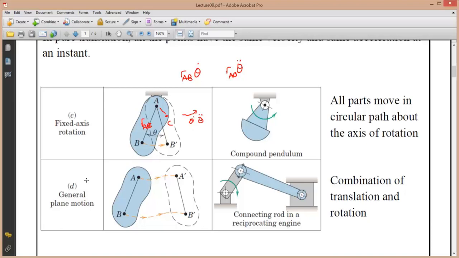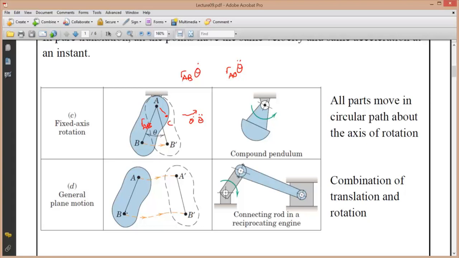In general plane motion, the rigid body performs both of these motions, fixed axis rotation and translational motion. As a result, because it does rotate, any point's velocity and acceleration would be different in this case. Now we can investigate this motion in a number of ways.